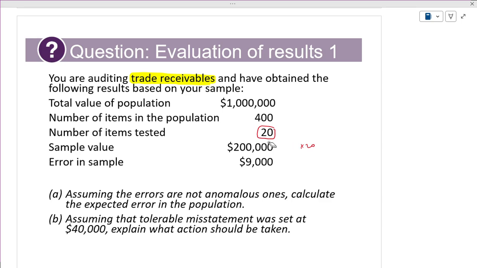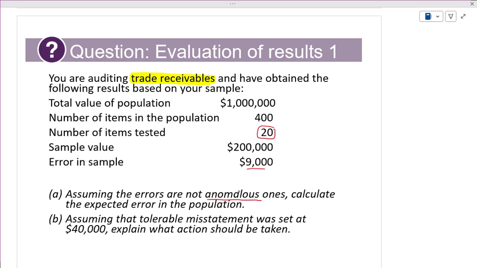The value of these transactions is 200. Error in sample is $9,000. Assume that errors are not anomalous ones, meaning errors do not happen frequently.